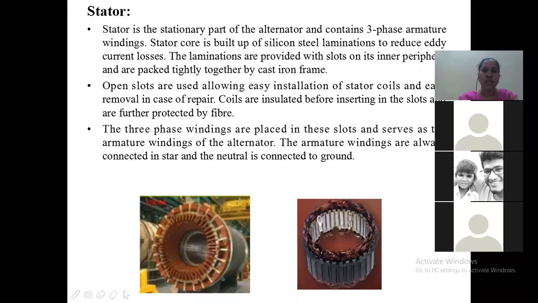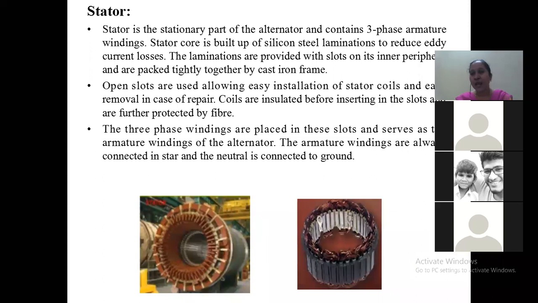So coming to the stator winding, this is how our stator winding will look. Stator is the stationary part of the alternator and consists of three-phase armature windings. The stator core is built up of silicon steel laminations to reduce the eddy current losses.